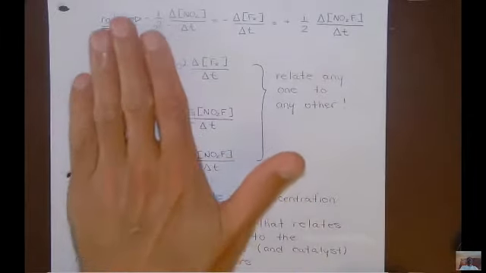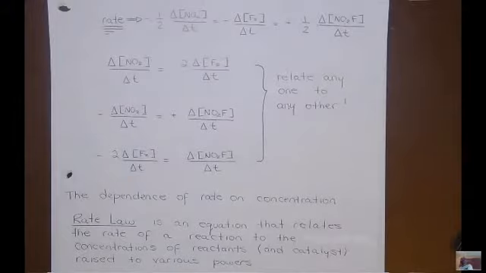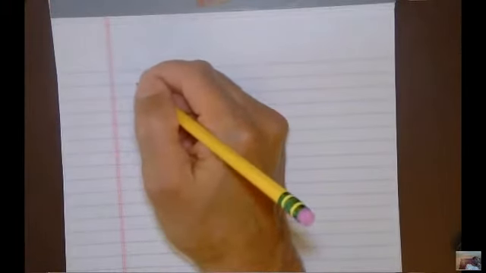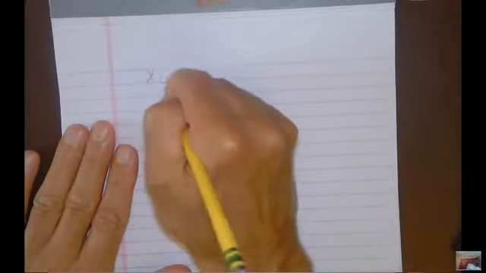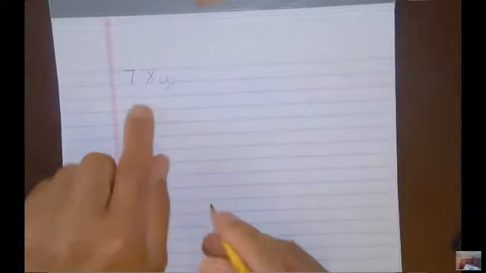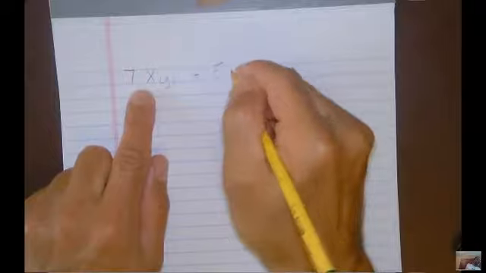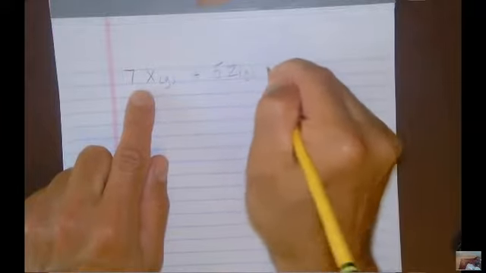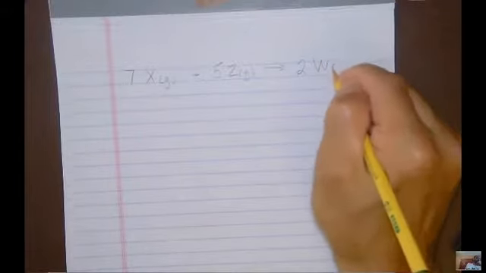So you can grab any situation you want and relate them back to one another. Let me give you one more. I will make it up. How about we do, I'm just going to do Z's. 7X plus 5Z's react to make 2 W's.